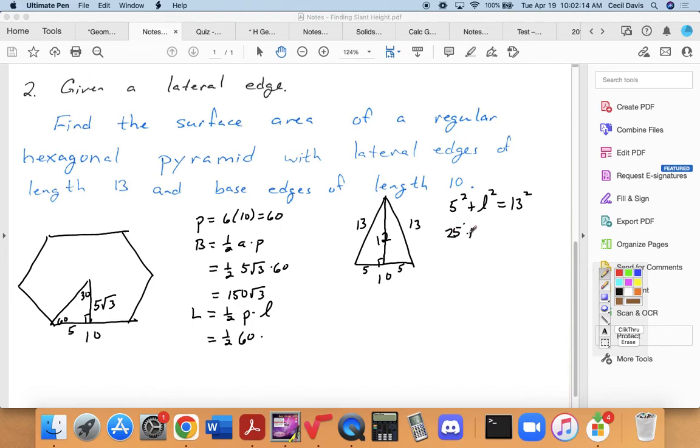So 25 plus the slant height squared is 169. So the slant height squared is 144. So the slant height is the square root of 144, which is 12. So now I can put that in here. The lateral area is 360.